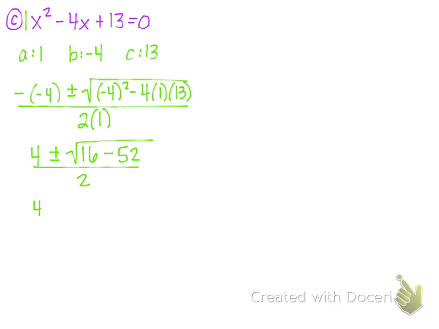We have 4 plus or minus the square root of, and we get negative 36 all over 2. So here's where we can actually stop. Because we have a negative underneath our radical, we are not going to have any real solutions. So we're going to say no real solutions. And we're going to stop here. We're going to talk about what it means to have no real solutions later on in the course.